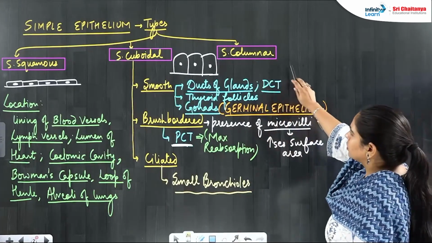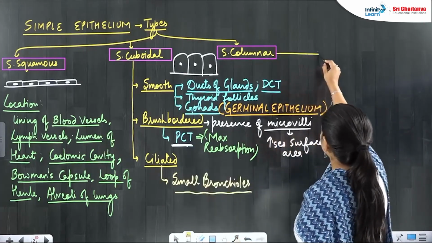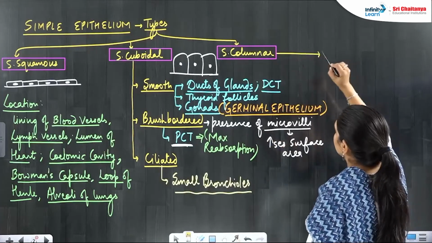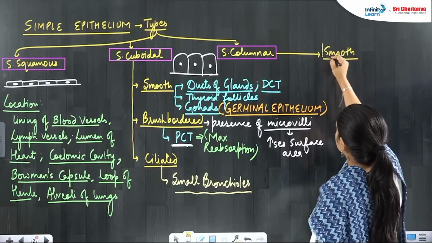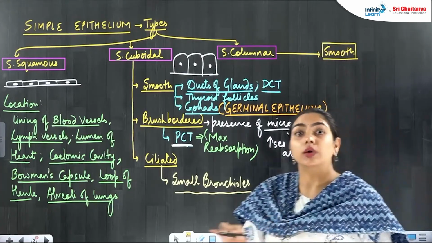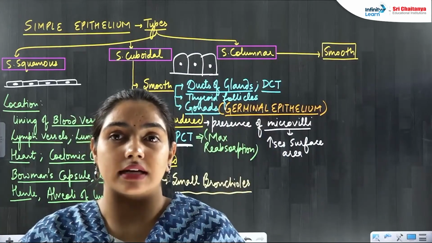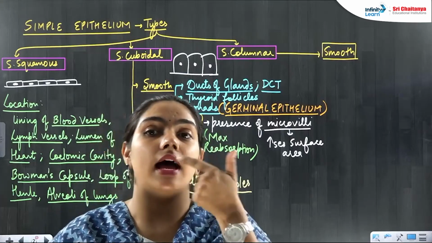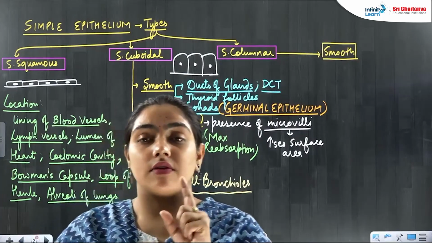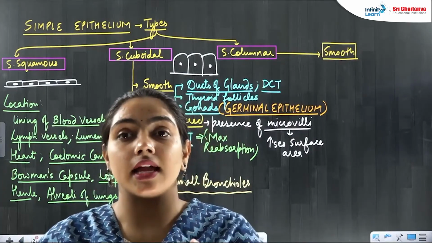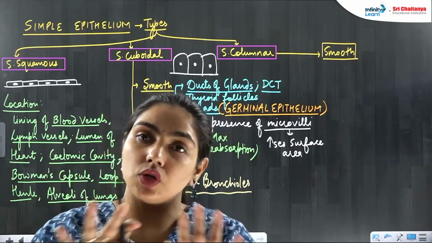Now, I am going to come to the simple columnar. In the simple columnar, there can be smooth, meaning without any modification. You will find it in your gastrointestinal tract. In your gastrointestinal tract you will find columnar epithelium, whereas in the intestine you will find brush bordered columnar, but in the stomach you will find normal.